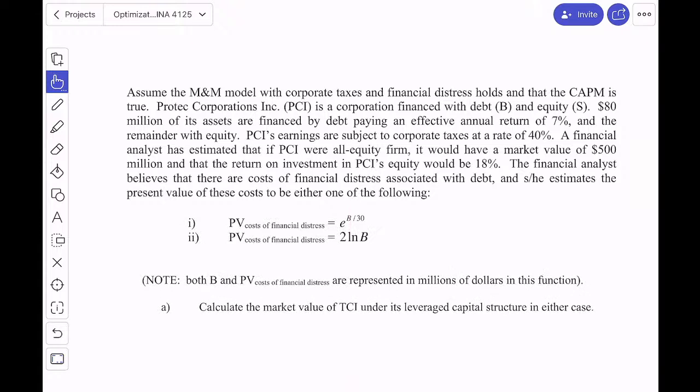Okay. So both B and PV are represented in millions of dollars in this function. So calculate the market value of TCI under its leveraged capital structure in either case.